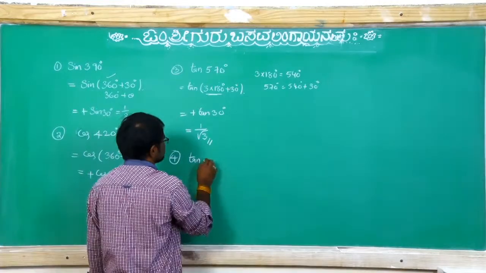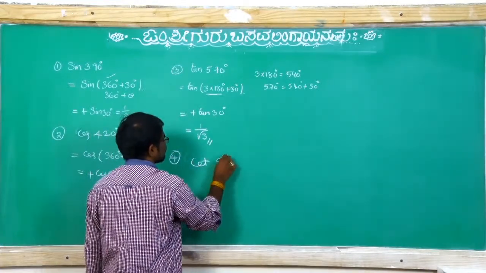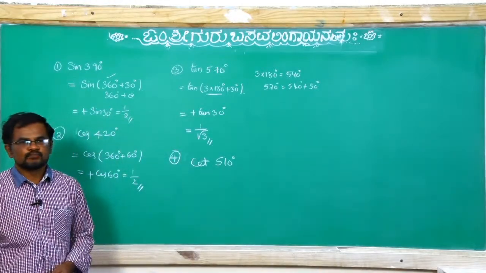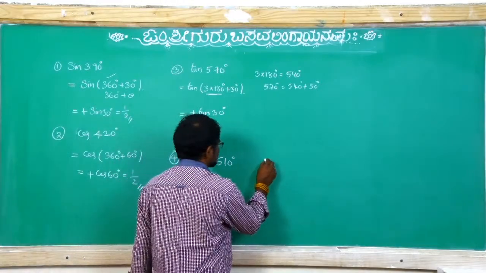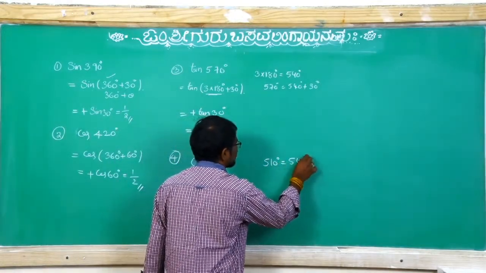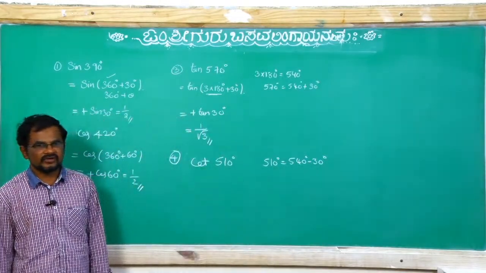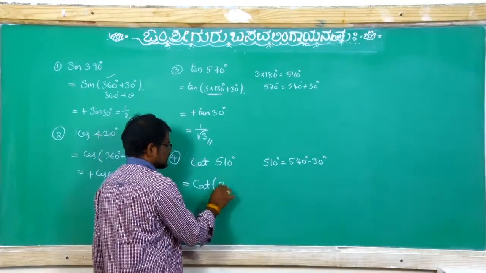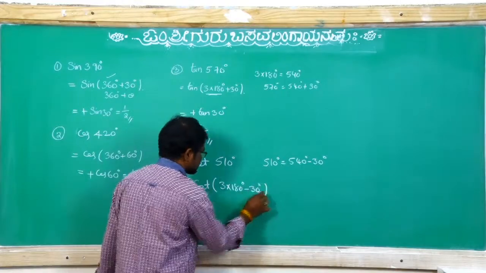Cot of 510 degrees they given, like this. What we have to do? Same, this 510 degrees can be written as 540 minus 30, odd multiple of 180. That is equal to cot of 3 into 180 degrees minus 30 degrees.